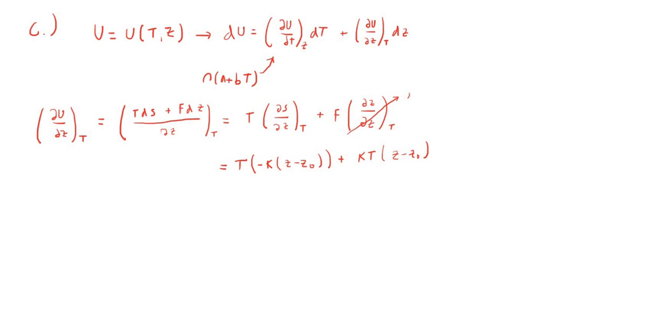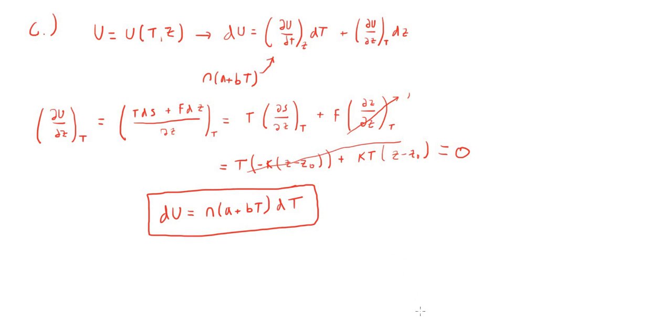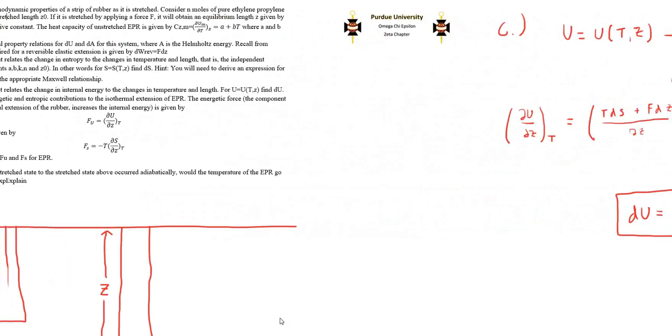Once you plug everything in, you'll notice that this cancels out to 0, because you'll get KT times the difference in Z and Z0 minus KT times the difference in Z and Z0. So all this goes to 0. What you're left with is that dU is equal to solely n times a plus bt times dT. And that's your final answer. So that's the answer for part C.